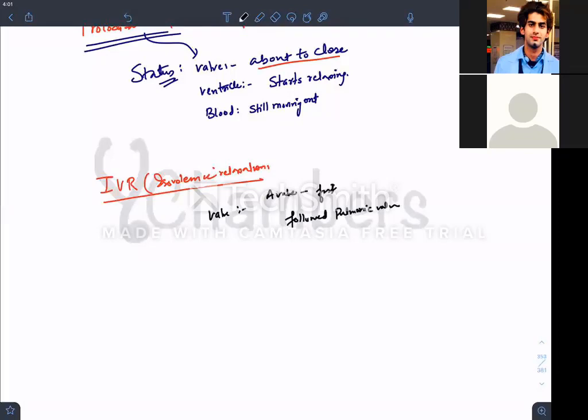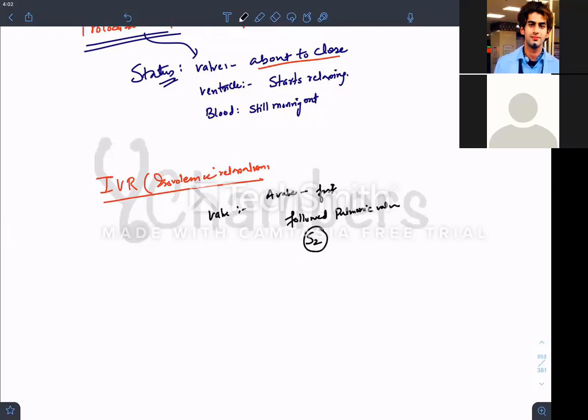And will you tell me which sound will be produced if they are closing? That's a beautiful concept. We're integrating everything. S2 sound, exactly. So S2 sound will be heard in which phase? Isovolumetric ventricular relaxation.